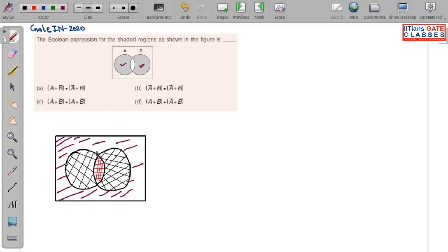If I take this region, then this is A union B, or I can write A or B. Now if I want to write this area outside it, it will be (A union B) complement, or I can say (A plus B) complement.